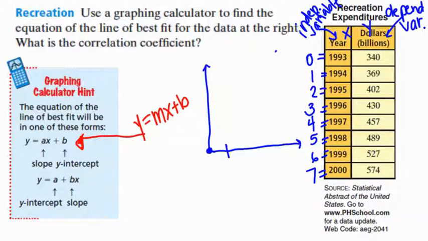Now, because that's our starting point of our data, we can say 0, 1, 2, 3, 4, etc. And then going up, we would, of course, go up by our billions. So I would start with 0 billion. I would not change this numerical value. So my numerical input would be 340, so that I would show a y-intercept.